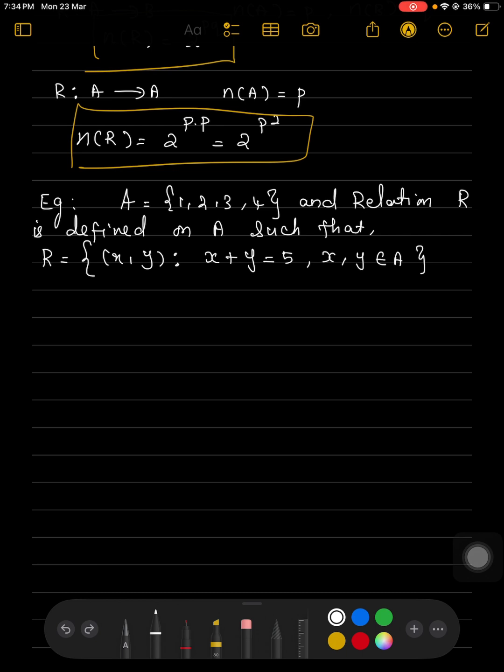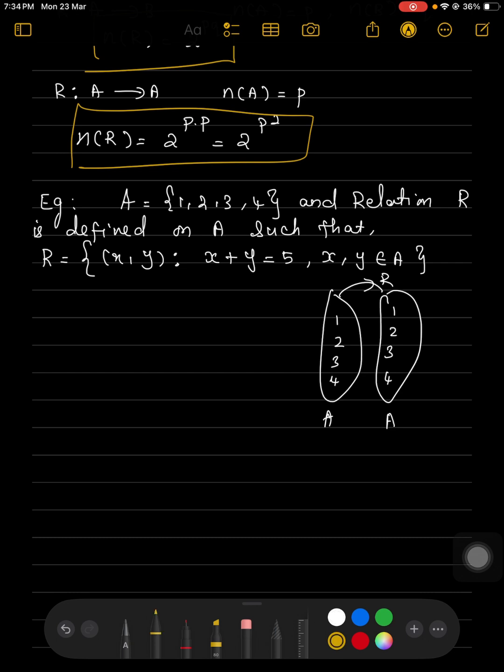I would suggest that first we go with the pictorial representation or arrow diagram representation. We have set A, again set A only because the relation is defined from A to A. 1, 2, 3, 4. 1, 2, 3, 4. The relation is now from this set to this set, and check which ordered pairs are satisfying. I'm just randomly taking one pair, 1, 2.